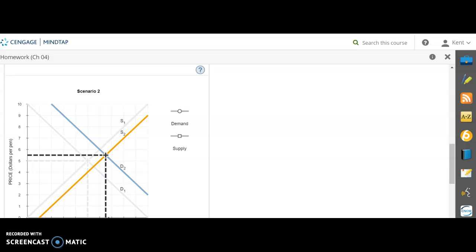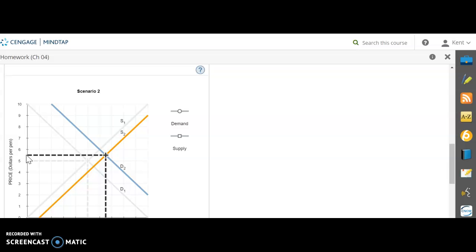However, we've got opposite effects going. Demand shifting to the right will lead to a price increase. Supply shifting to the right will result in an equilibrium price decrease. And this time, the demand shift is the bigger of the two shifts. So we have demand shifting out further than supply. So equilibrium price ends up rising because the effect from the demand shift is bigger than the effect from the supply shift.